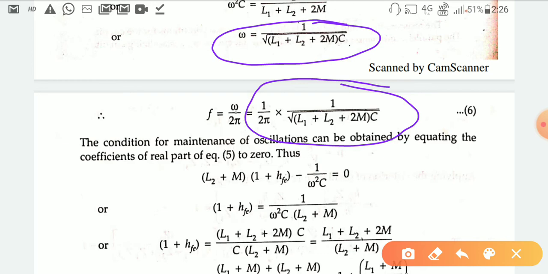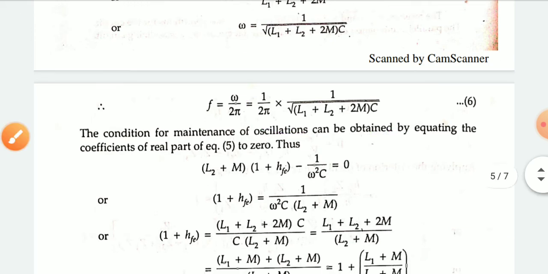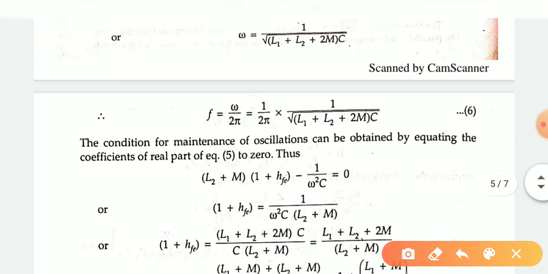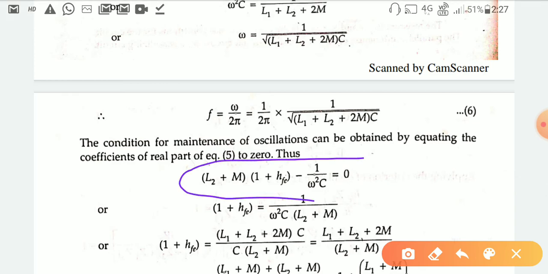And as we told you, the imaginary section is used to identify what frequency it can generate, and from the real part you can identify what condition should be fulfilled to maintain the oscillation process. So you just take the real part here. This is the section where we just got it.